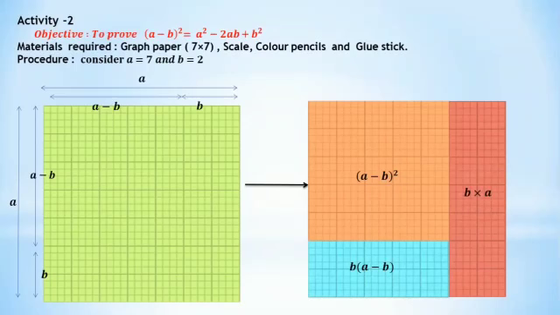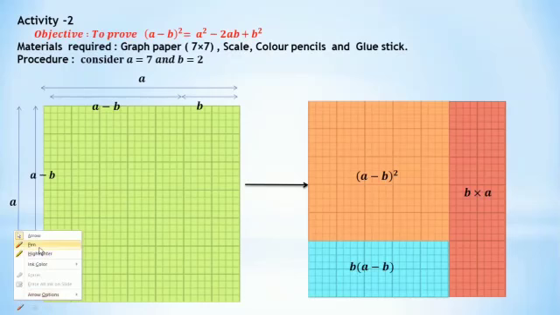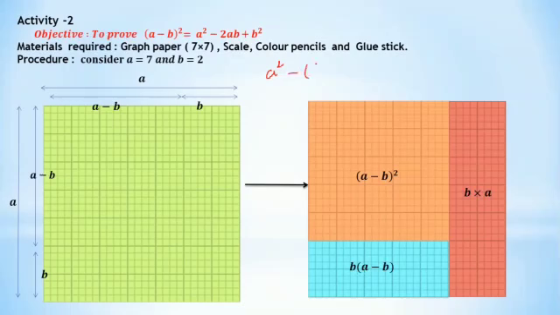Now if you observe, from a square we are subtracting b into (a minus b) and b into a to get (a minus b) whole square. So you are subtracting from the complete a square the part which is b into a and b into (a minus b).